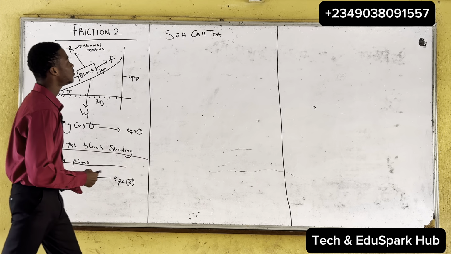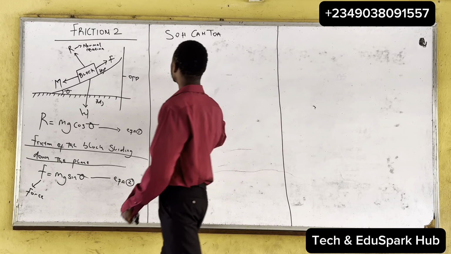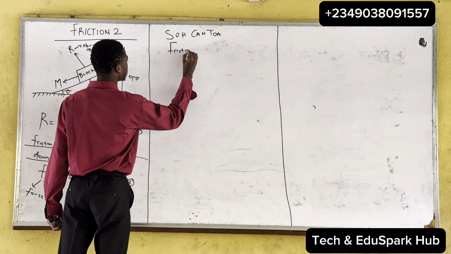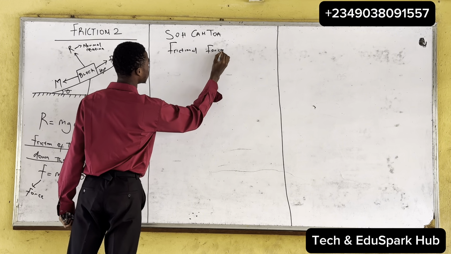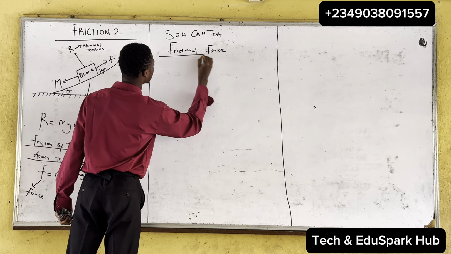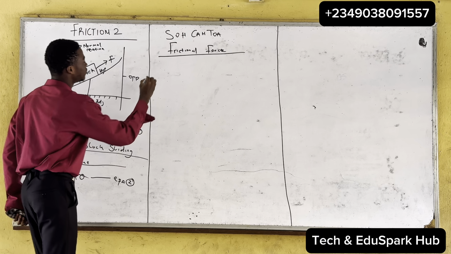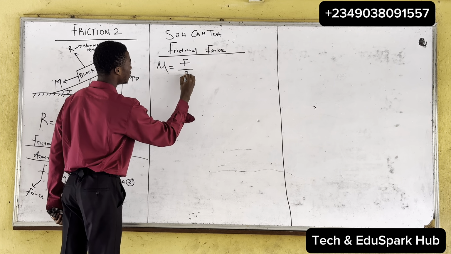So let's look for the formula of our frictional force. Let me just write the frictional force here. Remember that we said the coefficient of static friction, mu, is given as the frictional force over the normal reaction.